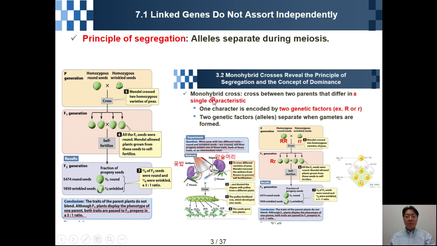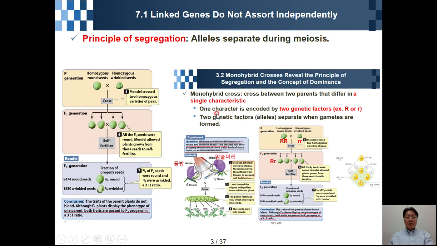So we did monohybrid crosses. A monohybrid cross is a cross between two parents that differ in only a single characteristic. Everything is the same except for the shape. One is homozygous round, and the other is homozygous wrinkled seed.